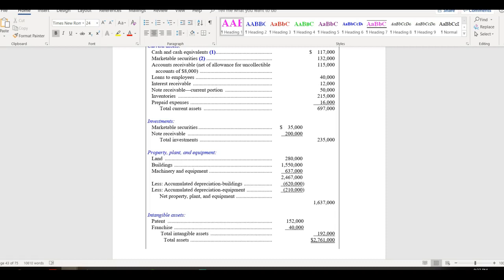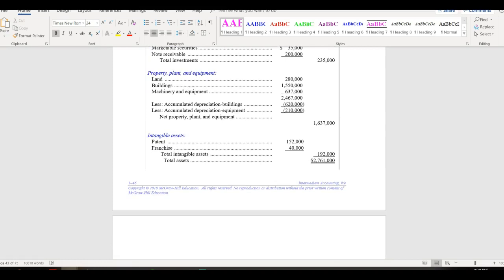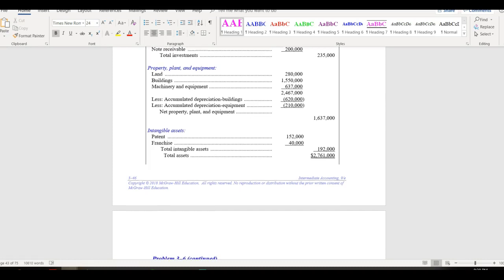Property, plant, and equipment will show our land of $280,000, buildings of $1,550,000, machinery and equipment $637,000, less our accumulated depreciation on the buildings and the equipment give us our net PP&E of $1,637,000. Then our intangibles, a patent for $152,000, a franchise of $40,000, for total assets of $2,761,000.